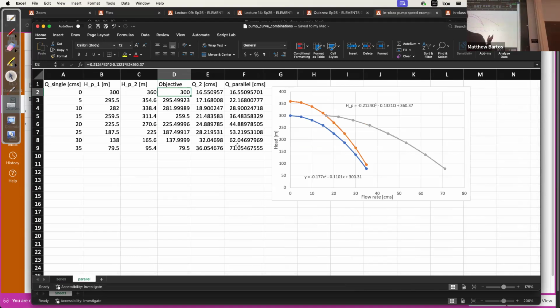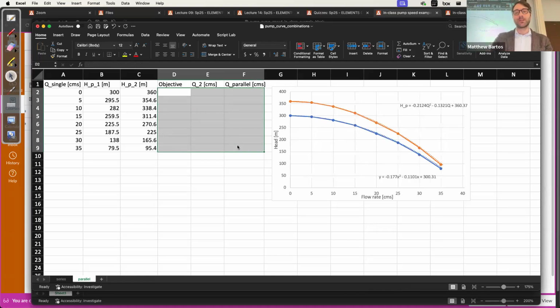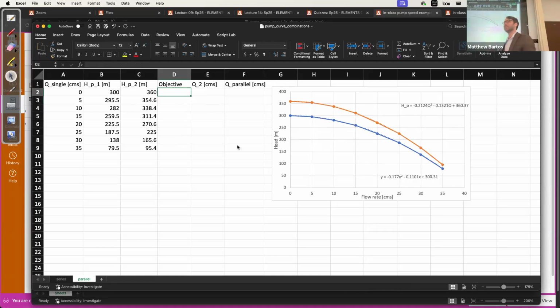So adding together the discharges over their shared head range. And we came up with a method for doing that at the end of class yesterday, but I want to redo this portion because I was a bit rushed towards the end of class yesterday, and I want to make sure that this is totally clear.